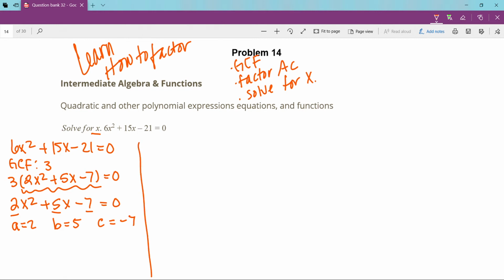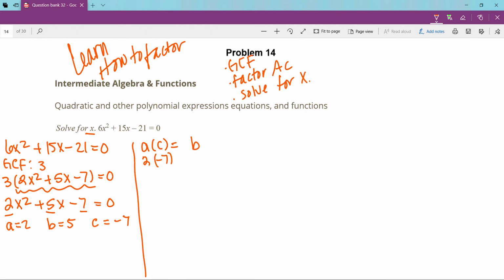To do the AC method, you're going to say that it's the factor of A times C. And then you're going to try and find the sets that are going to give you the sum of B. So in this case, I have 2 times negative 7, and I get negative 14. So now I need to find the factors of negative 14 to give me my B, which is 5.